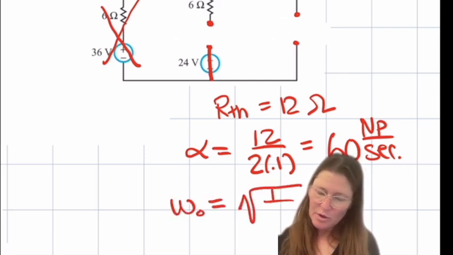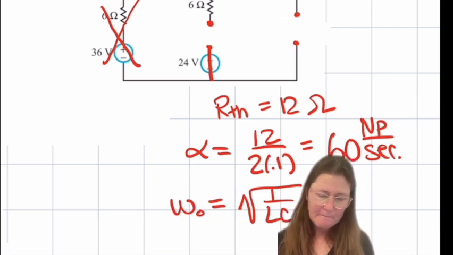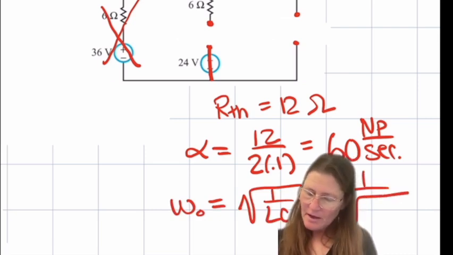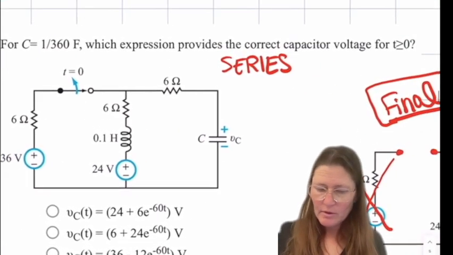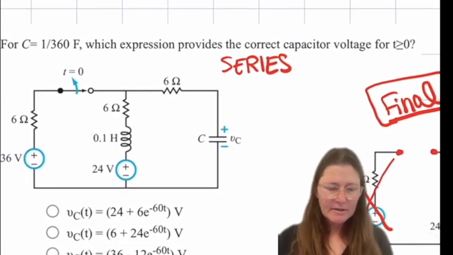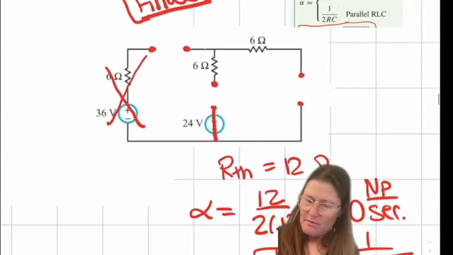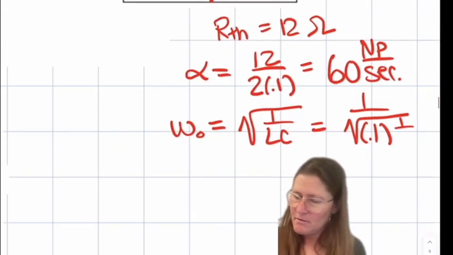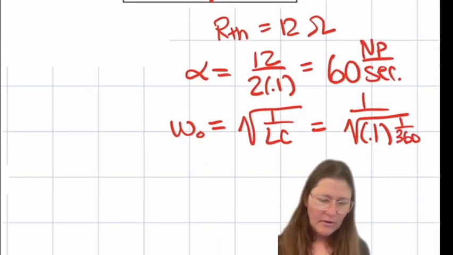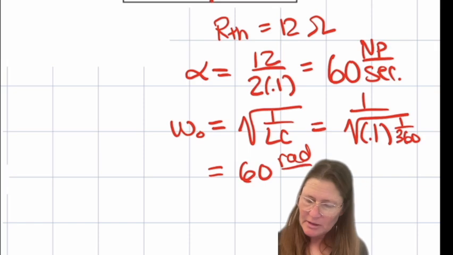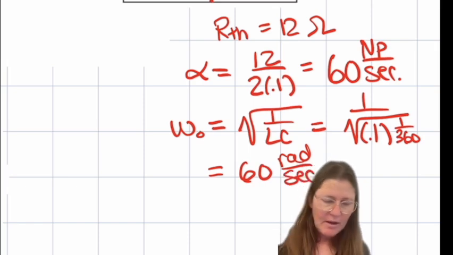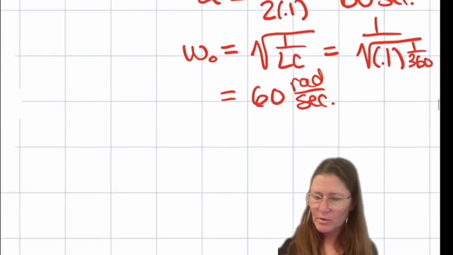And then omega naught would be 1 over square root of LC. And this was 0.1, and C was 1 over 360. So that ends up being 60 radians per second. And so these are equal.